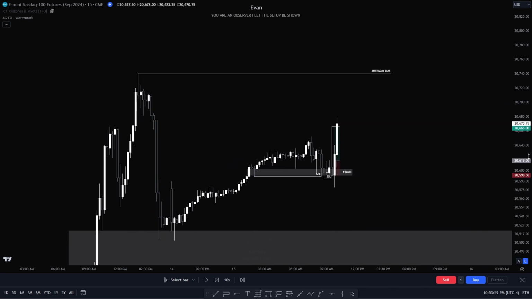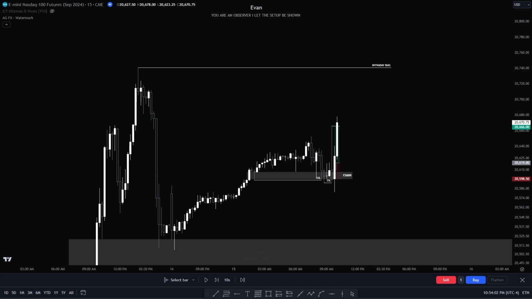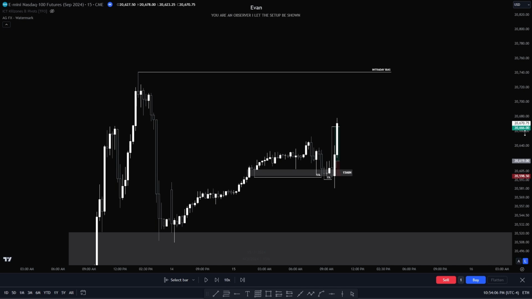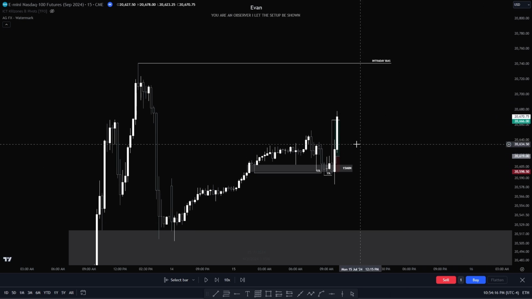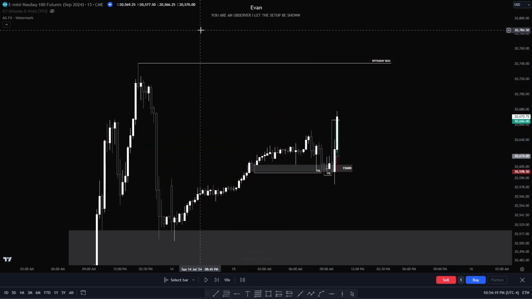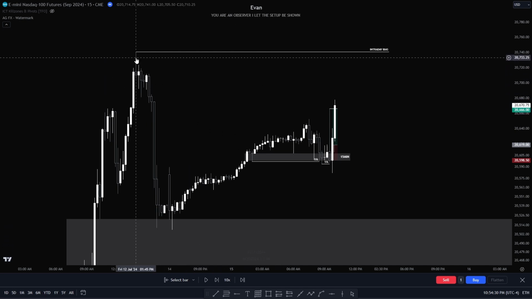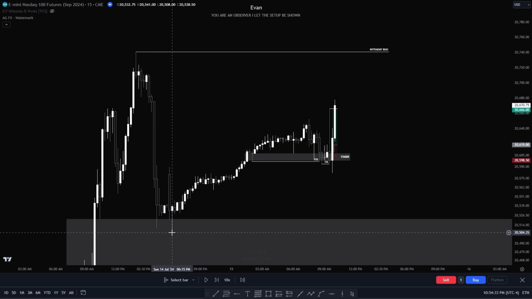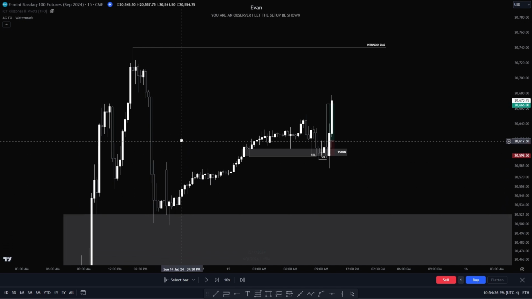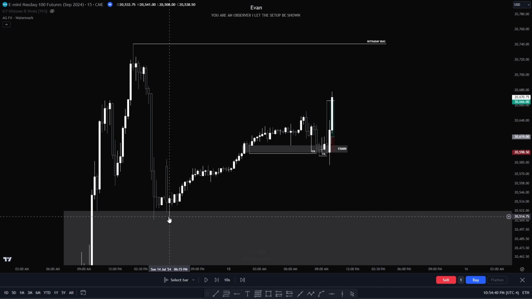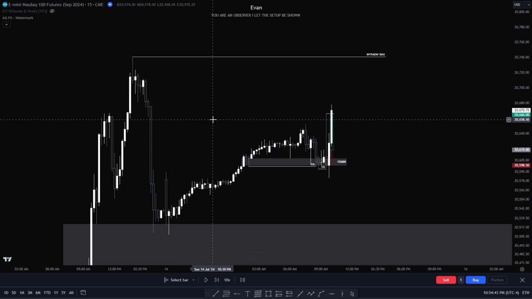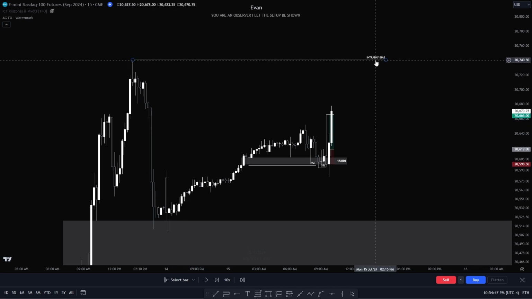So to dumb it down, to put it into few words, you find your daily bias, and then on the 4 hour or the daily, you zoom in to the 1 hour or the 15 minute right here, and whatever your bias is, bearish or bullish, you ask yourself, what high or low on the 15 minute or the 1 minute, depending on what your bias is, what high or low are we most likely to hit today? And that is your intraday bias, right?